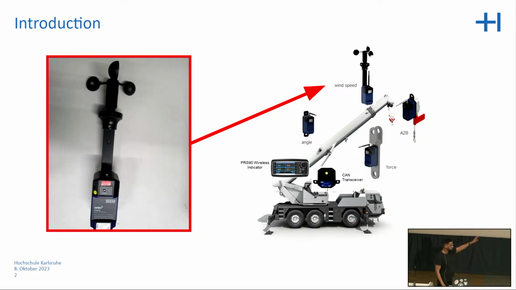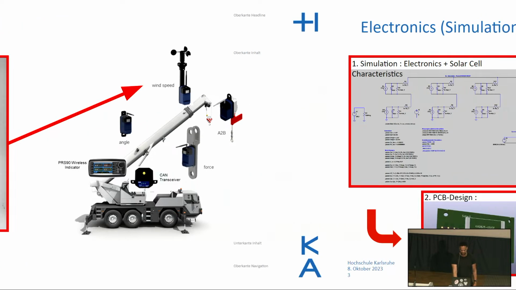One sensor is the wind speed sensor you can see right there, and it is right now battery powered. My task was to design an energy harvesting system with multiple sources so that this sensor is not battery powered.